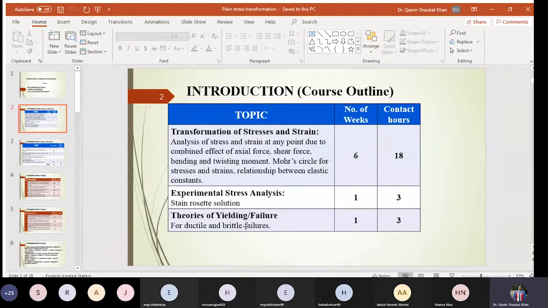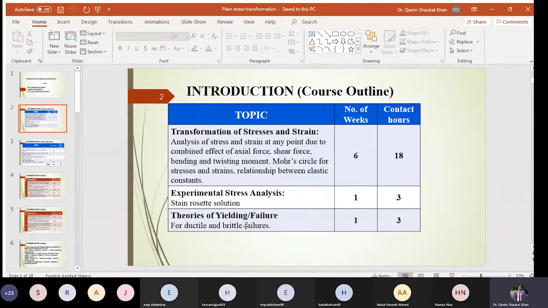One more thing I would like to share with you guys: structure mechanics is like a mathematical subject. It's all mathematics. You will just derive the equations and solve the numericals. The theoretical part is very less.